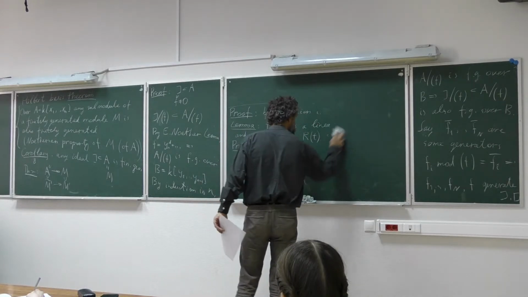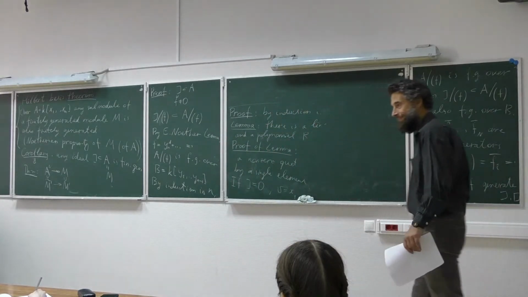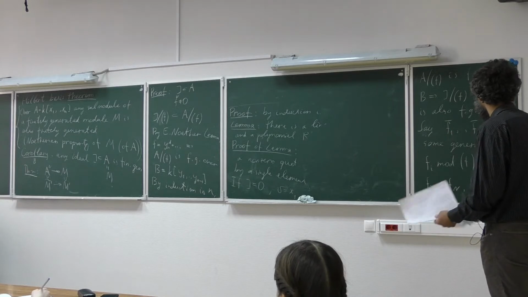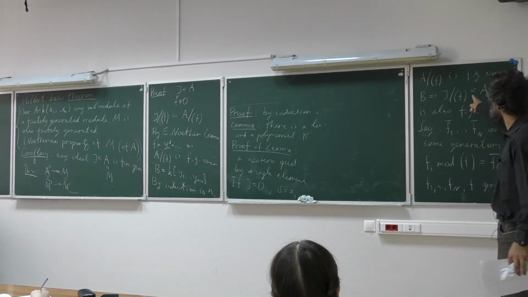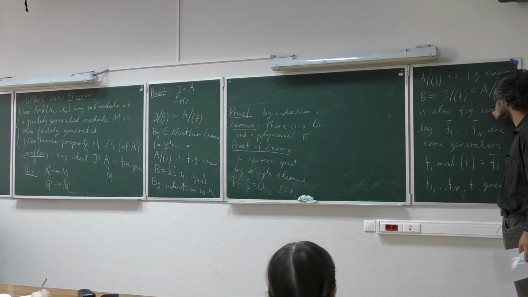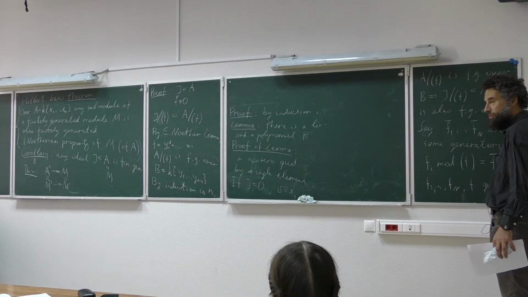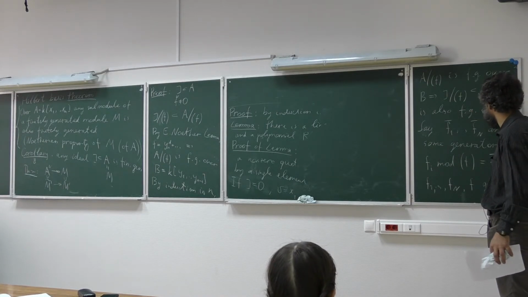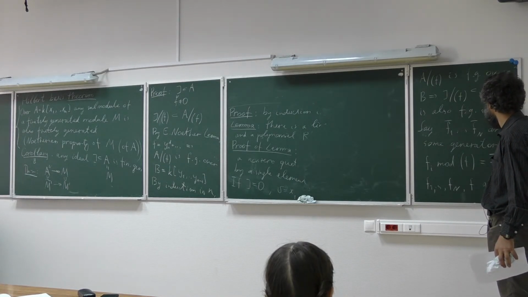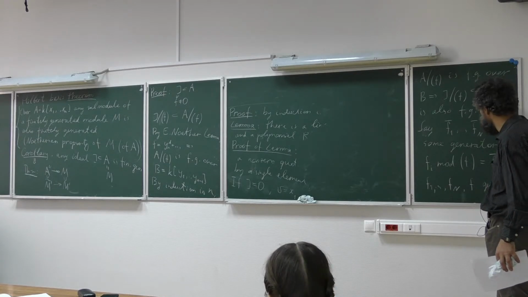How did you conclude that J modulo f is finitely generated? Because it's a submodule of this, right? So this is a finitely generated module because of this monic property. Yeah, the f was monic in the last variable.